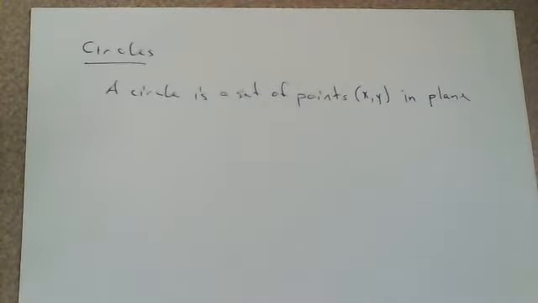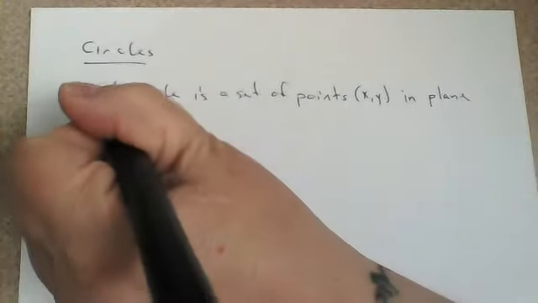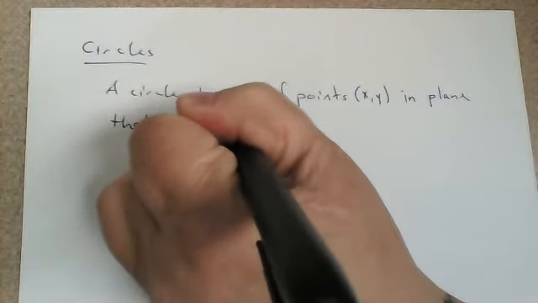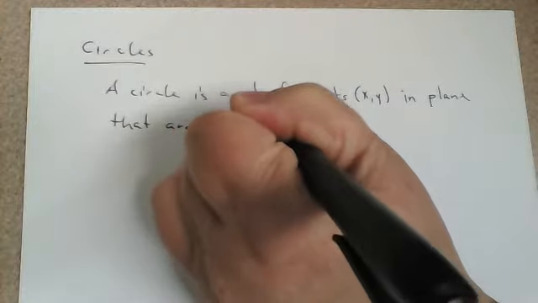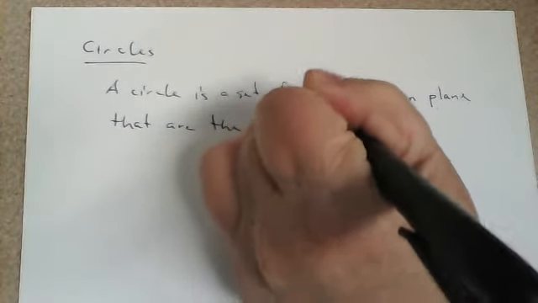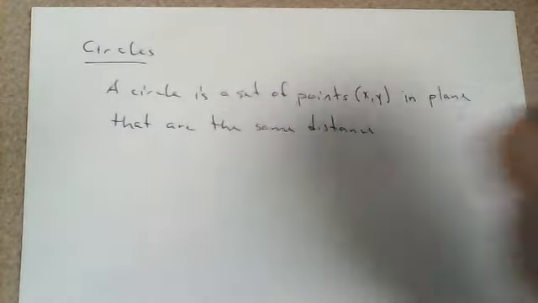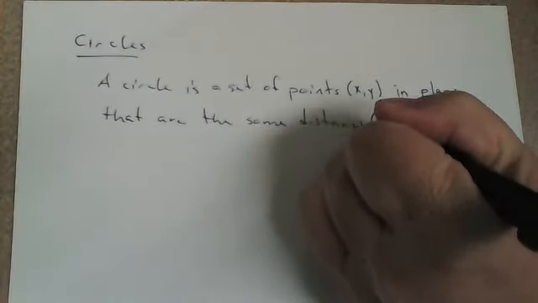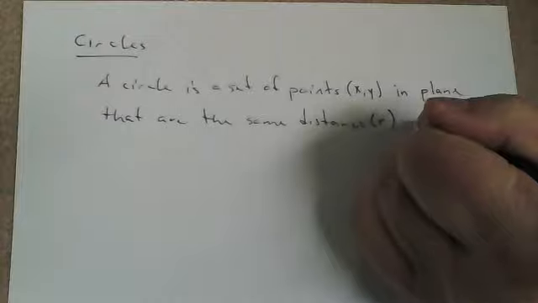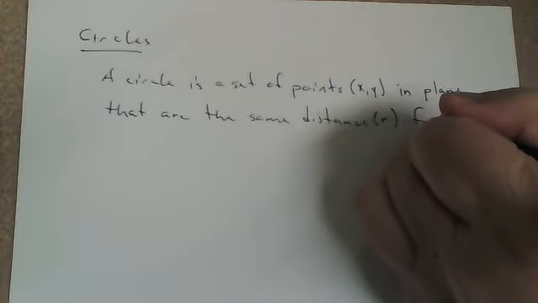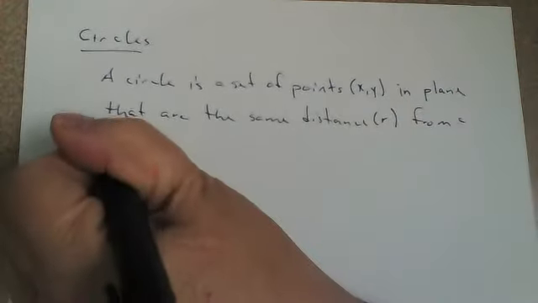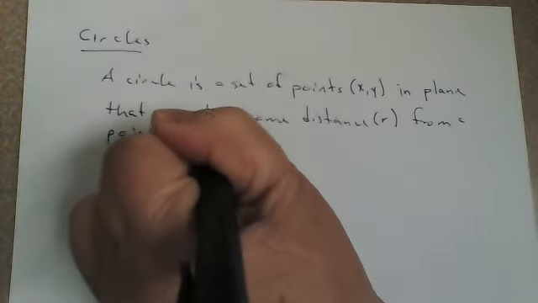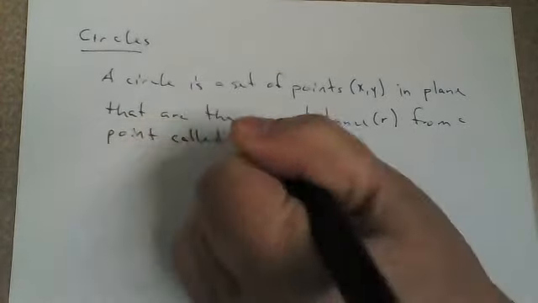Coordinate plane. And they are the same distance, which we call the radius, from a point called the center. Now, this is the formal definition.